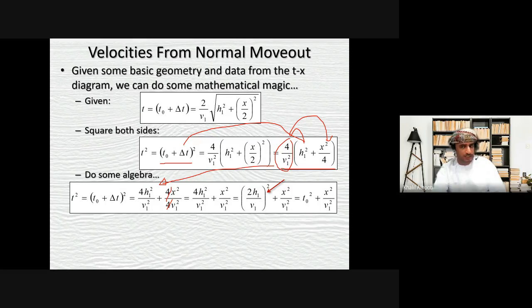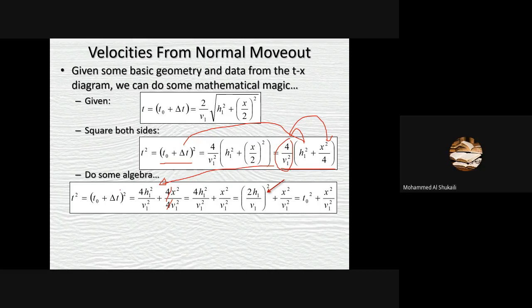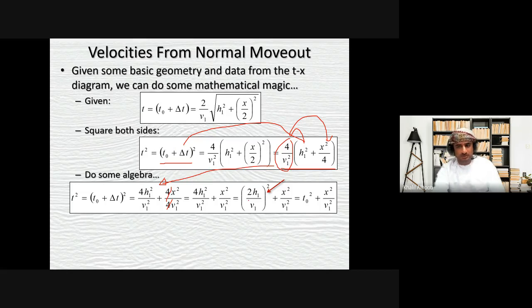T. It reminds you of what? T, what T? T naught. T sub naught or T sub O. Replace: this is the travel time at 0 offset, at x0. So it becomes that one, T naught squared plus x over v1 squared.